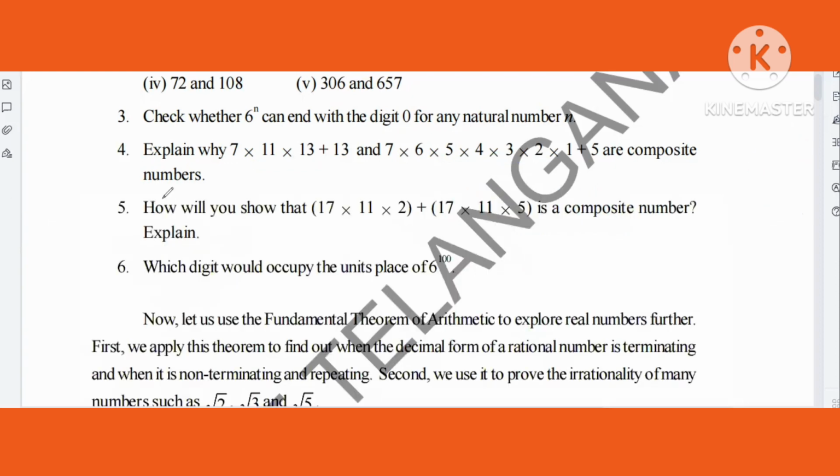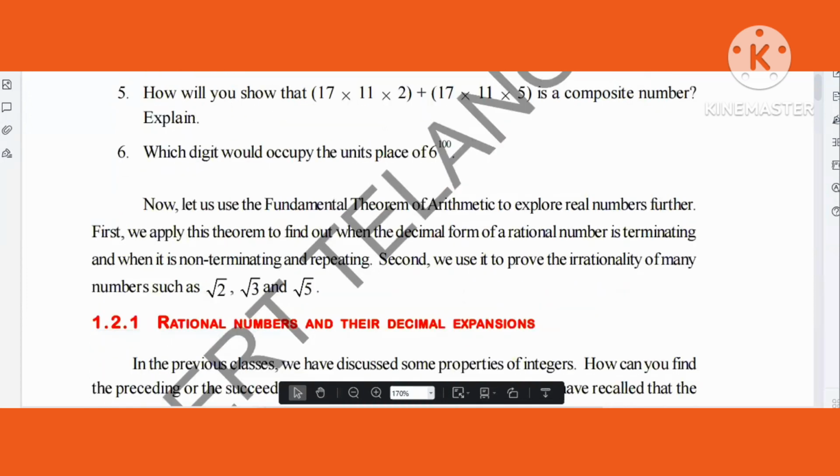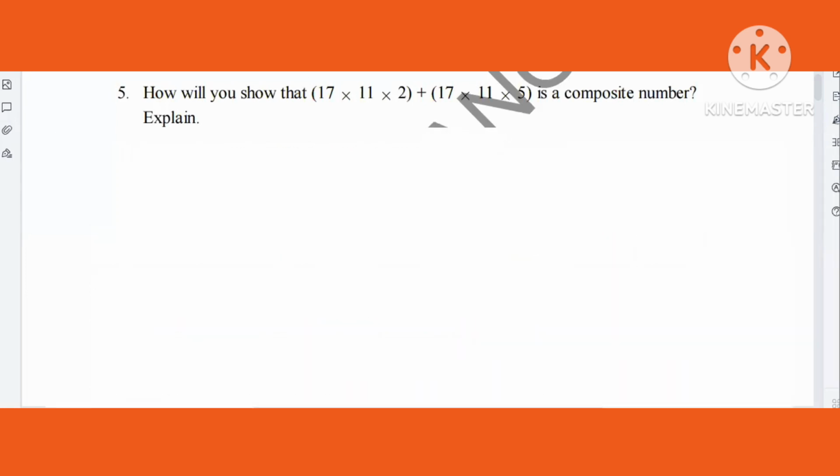Next one. Go for the next question. How will you show that 17 into 11 into 2 plus 17 into 11 into 5 is a composite number?